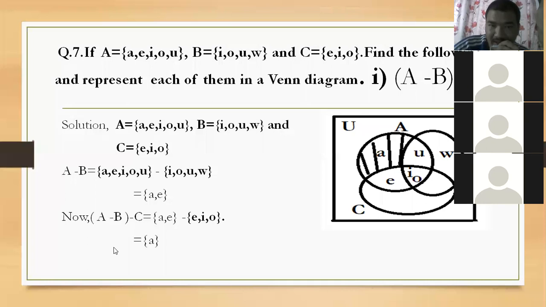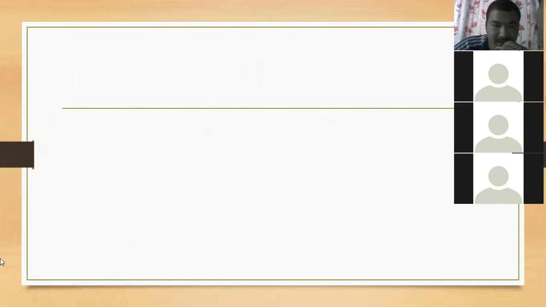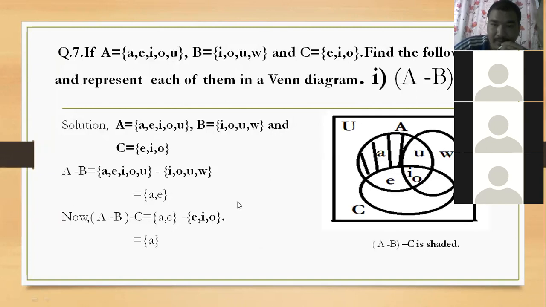That's why this part, A minus B minus C, is shaded. Okay, children, do you understand how to do it? Understood, children, this one?